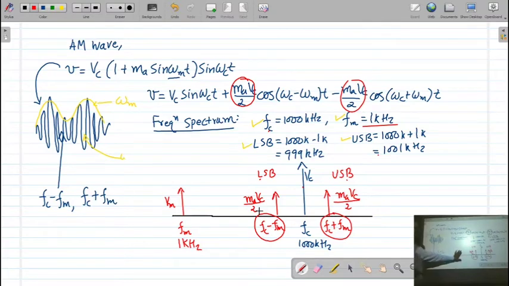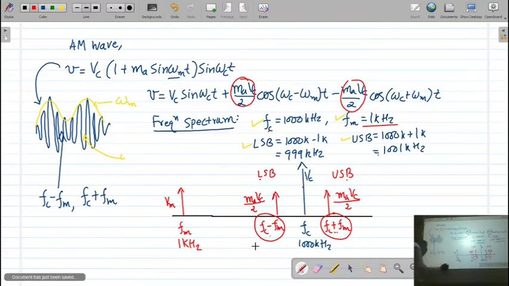Remember, FM is not a part of the AM wave. In AM wave, we have three frequencies: FC, FC minus FM, and FC plus FM. So if you take a difference of these two frequencies, that will give you the bandwidth of the modulated wave.